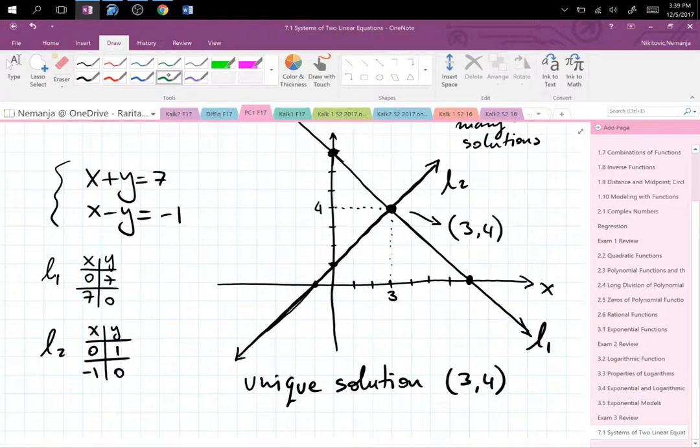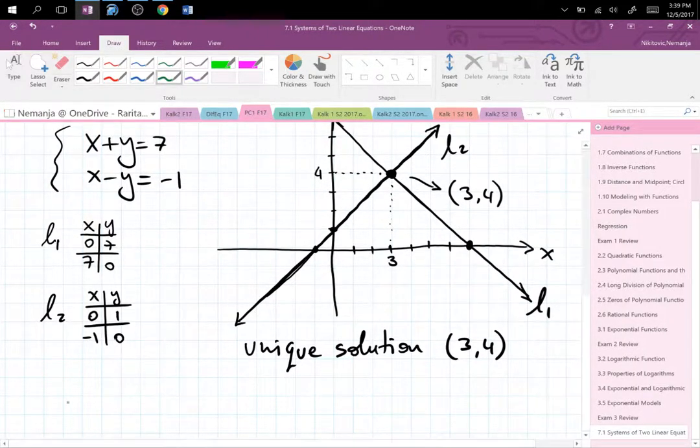Now you can check that, and you check it by 3 plus 4 is 7 and 3 minus 4 is negative 1. So it checks in both equations, which means that's the solution.